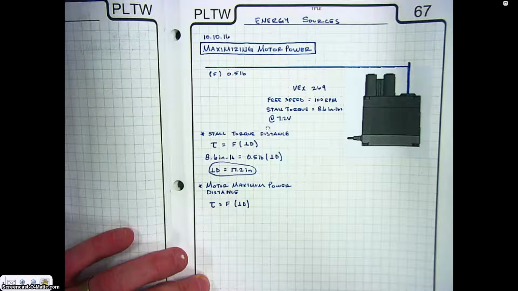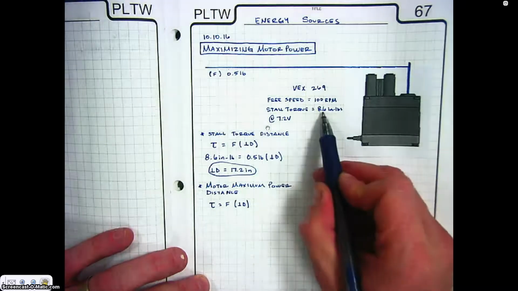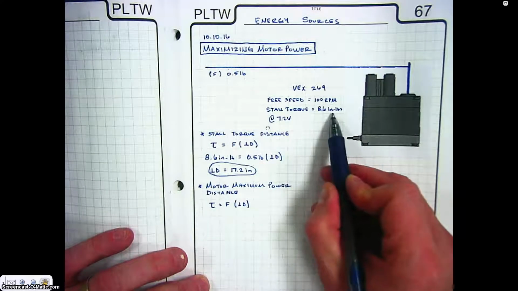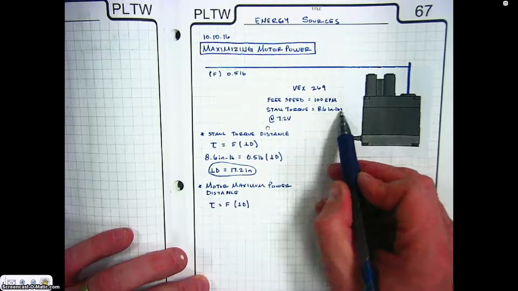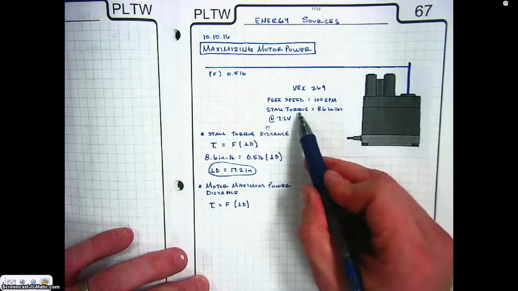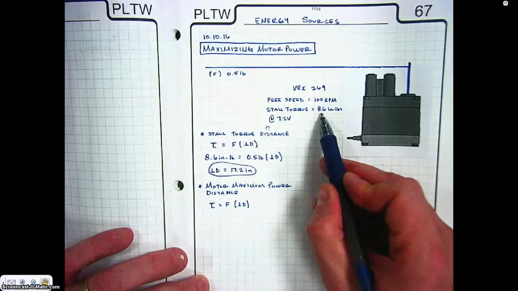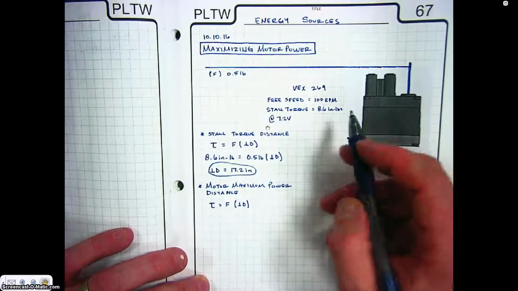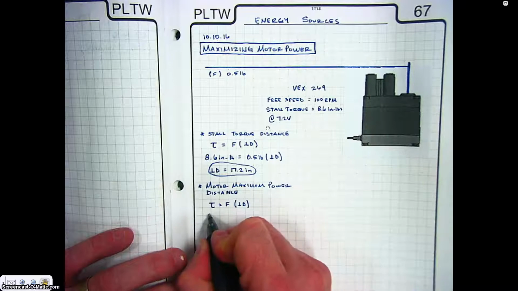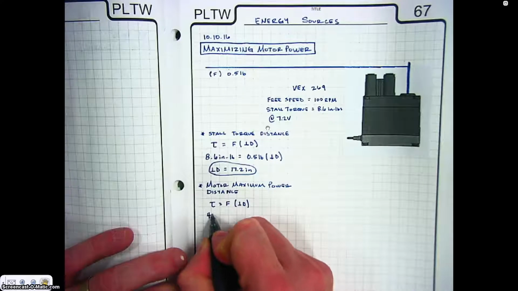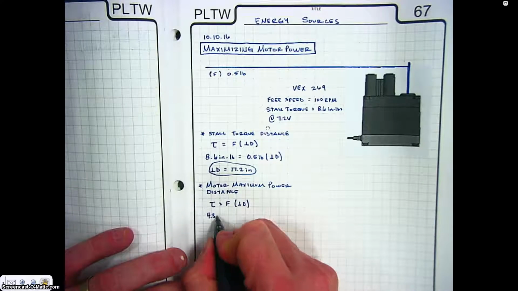Our torque this time: we know that half of stall torque is maximum power because it's a linear equation, and we've seen that represented in the presentation. So half of stall torque is maximum power for our motor. I'm going to put half of 8.6 in for that, which is 4.3 inch-pounds.